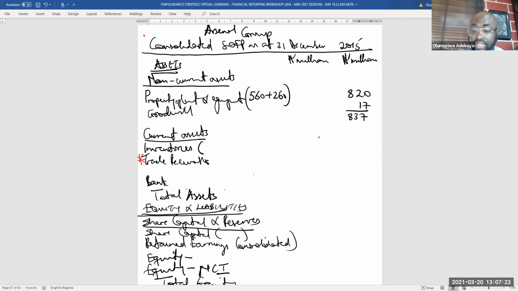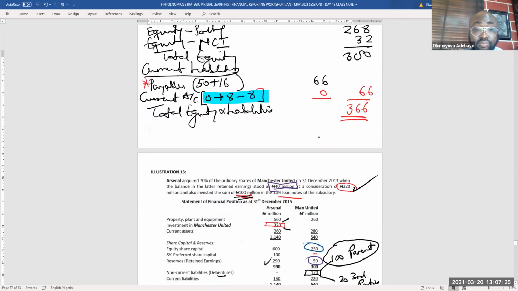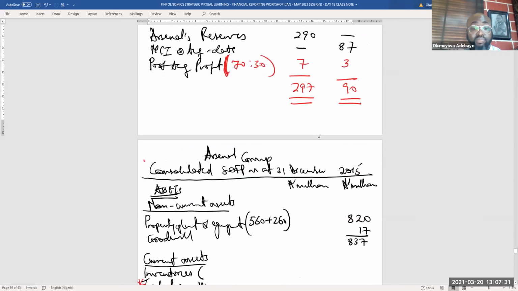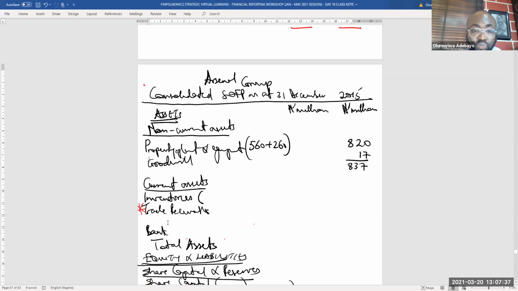Current assets. The current assets sum up 260 and 280. Current assets is aggregated, 260 and 280. That's 540. Let me clean that up.